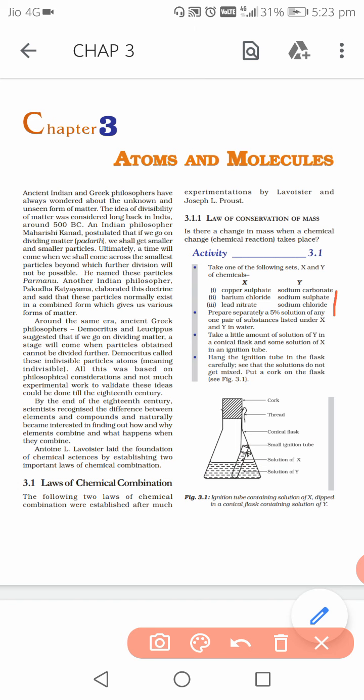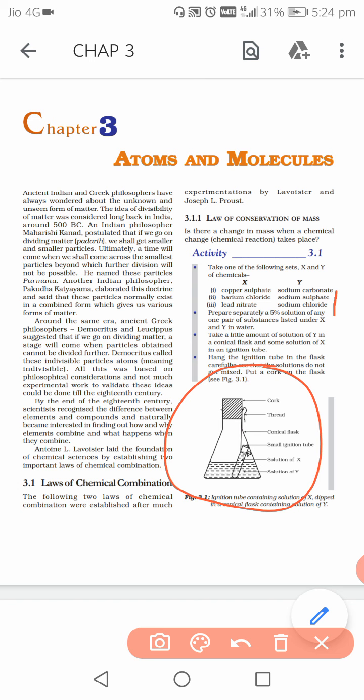So we measure the mass of this whole thing; that is the total mass before reaction. Now with the help of this thread, if you just pull this thread, what will happen?